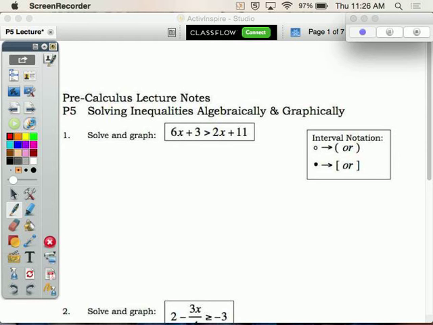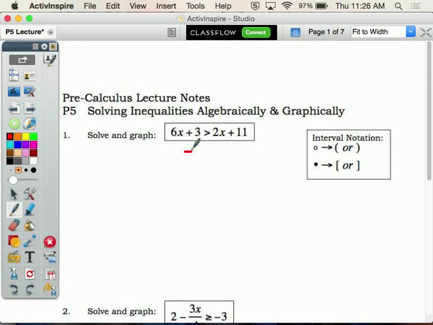So for example, in this first one, maybe the first step I would do, and I'm going to go through the full thing here, I'm going to subtract 3 from both sides of our problem. And I would end up with 6x on the left greater than 2x plus 8. So I've moved the numbers to the right-hand side, but now I'm going to move the variables to the left, so I'd subtract off 2x from both sides.